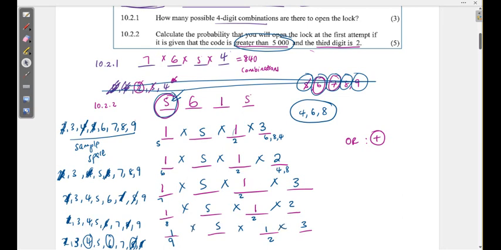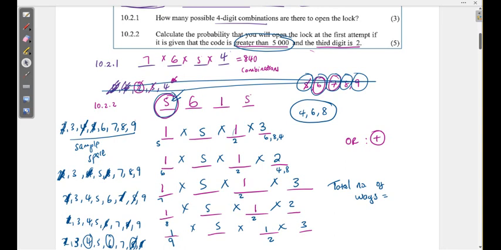Then you take your calculator and then you add all of them and say the total number of ways. Total number of ways will be how much? So can you maybe put for me in a calculator there? You shall say maybe 1 times 5 times 1 again, then times 3, you get 15.